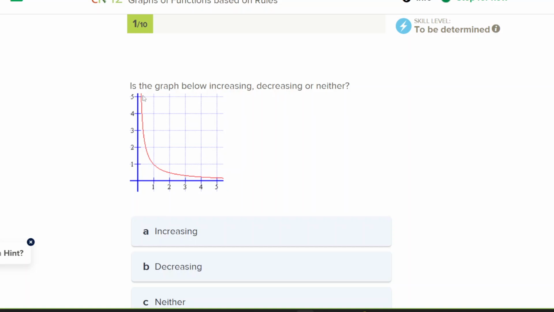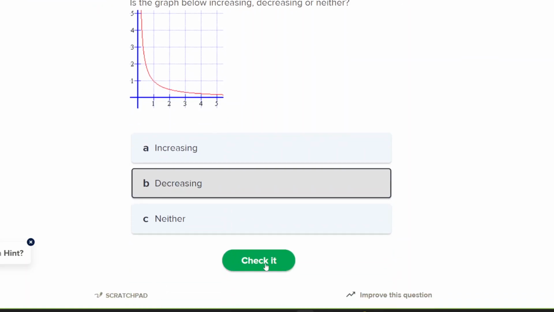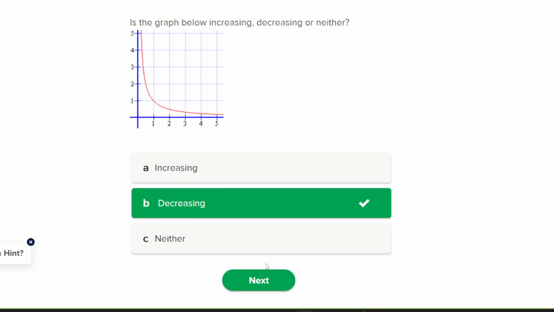Well, for this particular graph, as we move from left to right, we can see the values of y, the values of the function, are decreasing. 5 here, then 4, then 3, then 2, then 1, then maybe about a half, a quarter, an eighth, or something like that. But we can very clearly see that as you move from left to right, as the x values increase, the y values are decreasing the entire time. So this function is decreasing, which is choice B. I'll check it out. Wonderful.